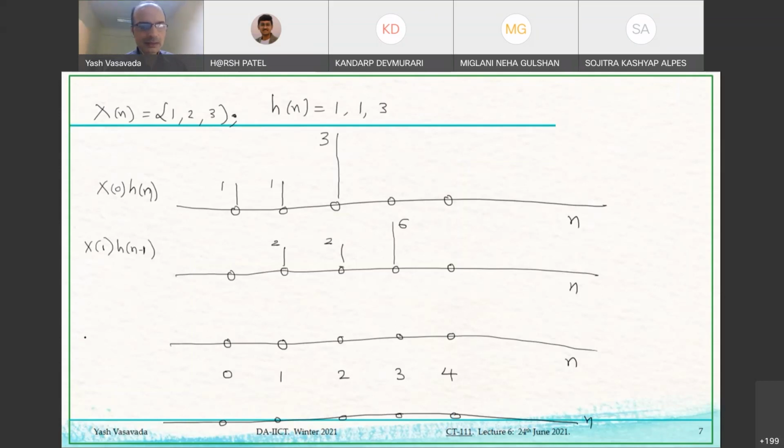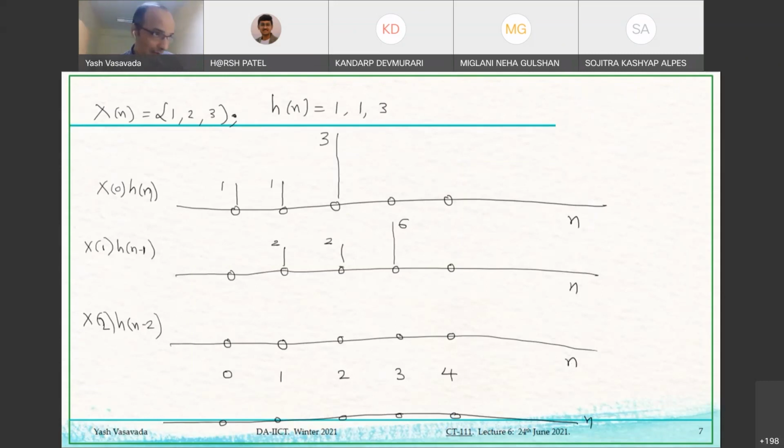Okay, and then finally x of 2, h of n minus 2. So what will that be now? First of all, it will have 2 units of delay. By the way, this n may not be in seconds, okay? It's just some data. It may not have any time associated with it.